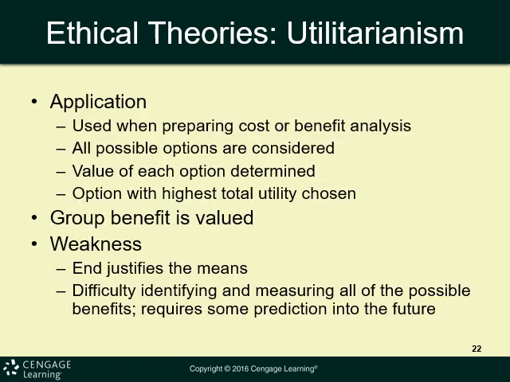In application, utilitarianism is often used when preparing a cost-benefit analysis. Now, a cost-benefit analysis looks at all possible options and considers them. The utility or the value of each option is determined, and the option that possesses the highest total utility is then chosen.